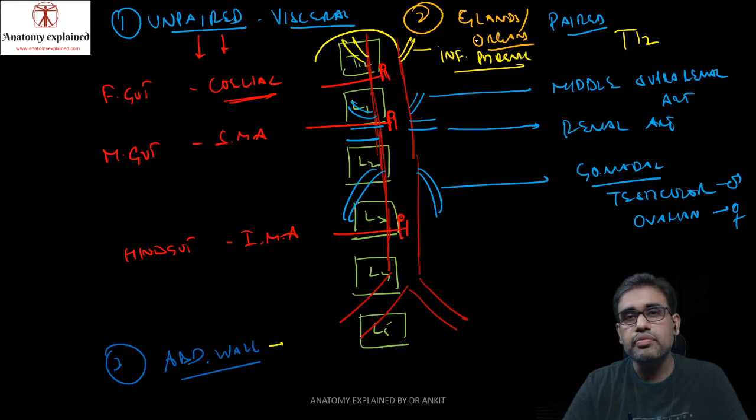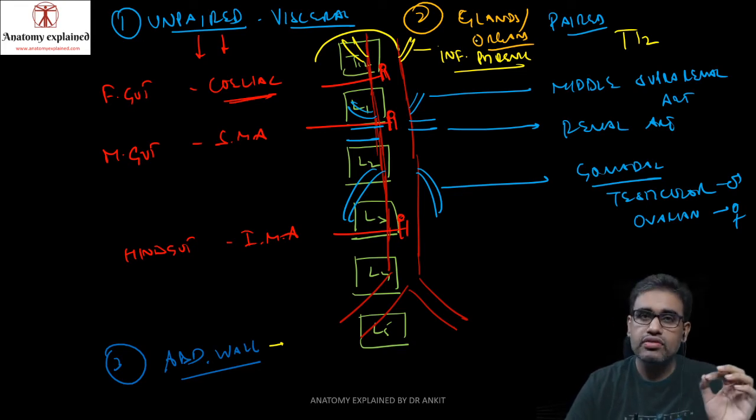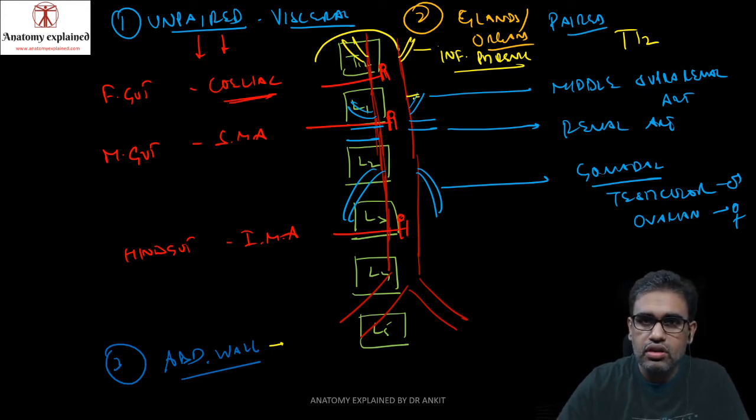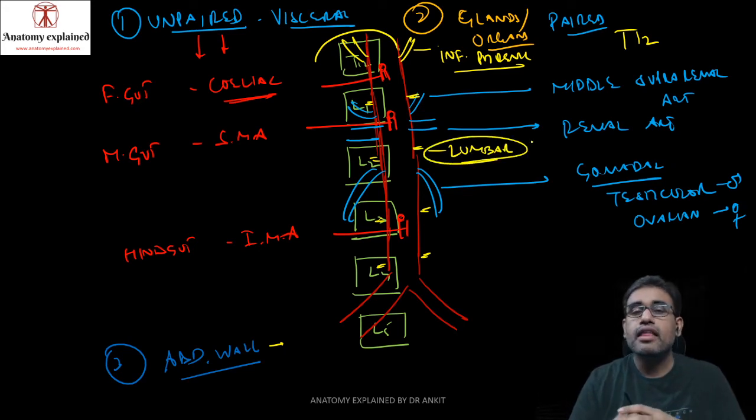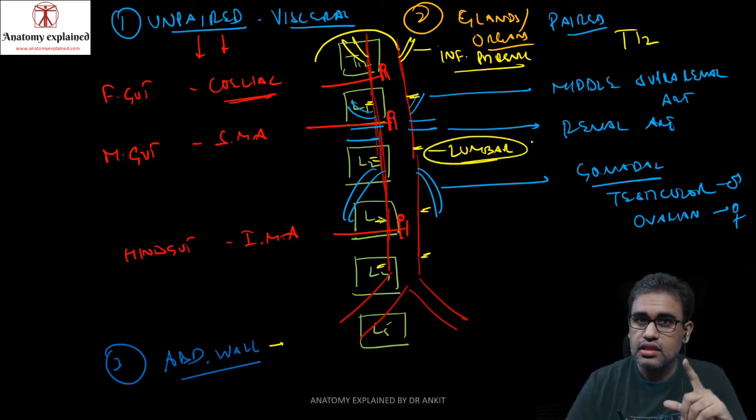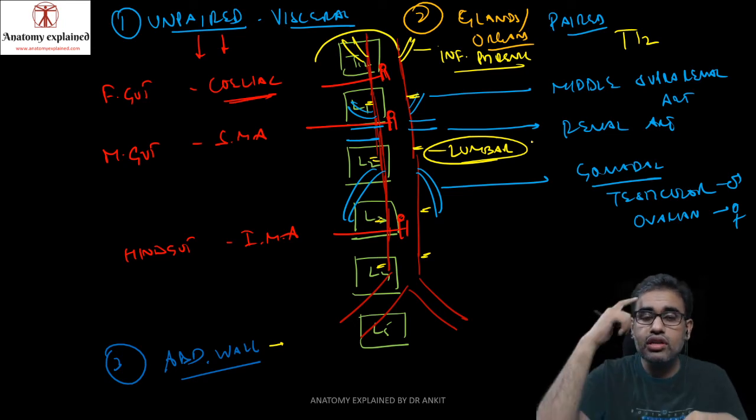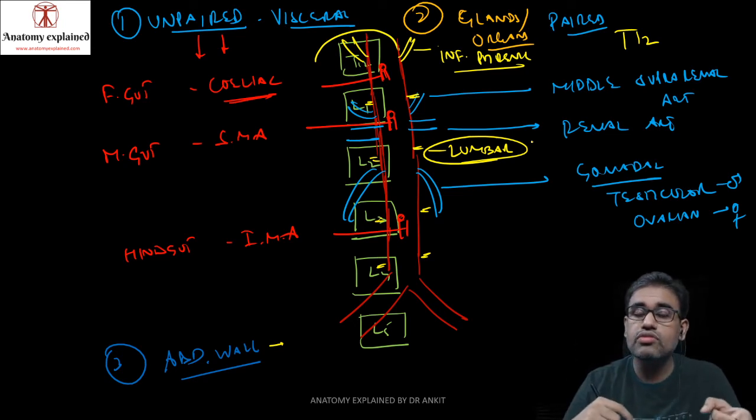Now as we have seen, the abdominal aorta lies in front of which lumbar vertebrae? Not all, only L1, L2, L3, L4. So it will be giving off these four pairs of lumbar arteries, and they are in continuation with the intercostal arteries, which we have done a video on the thoracic wall and thoracic cage.